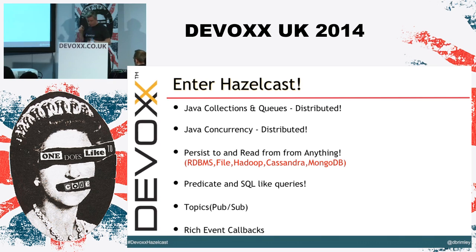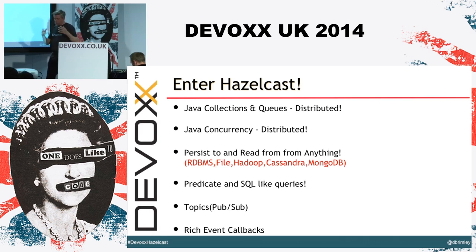And then what you want to do as well is you want that cluster to be able to talk to other systems as well, other data stores. So an IMDG ideally should be agnostic about the data stores that it deals with and the systems that it can interact with. So you should be able to persist and read from anything.